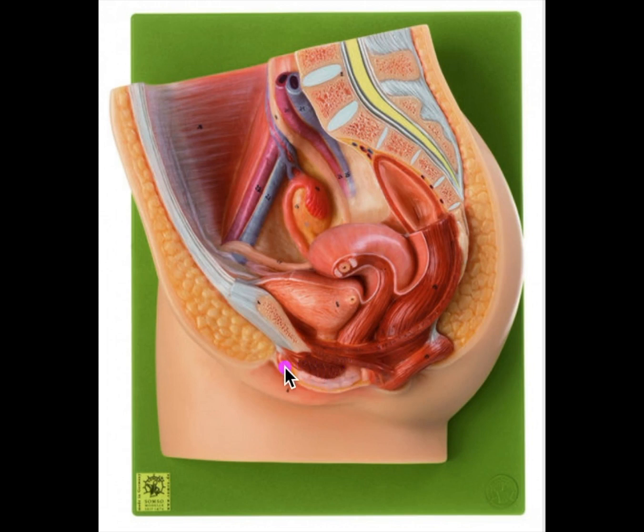And this is our little clitoris. And this structure right here is the urogenital diaphragm. So you can see how the rectum passes through it, the vagina passes through it, and then the urethra would pass through it. Okay?